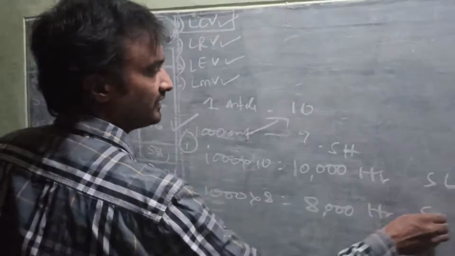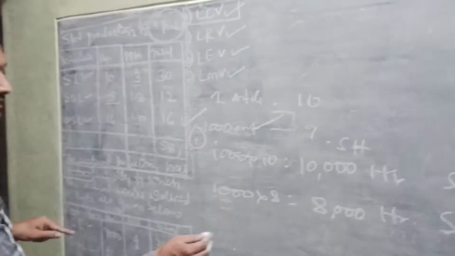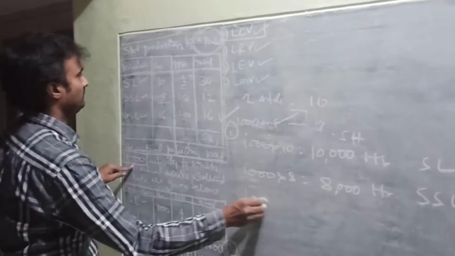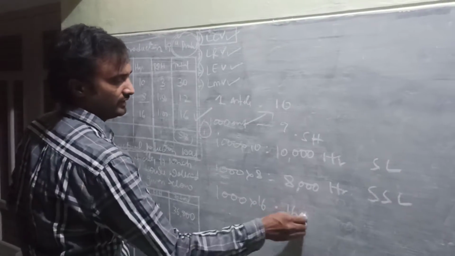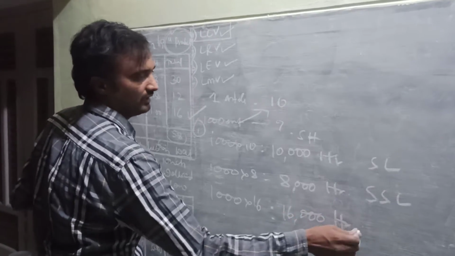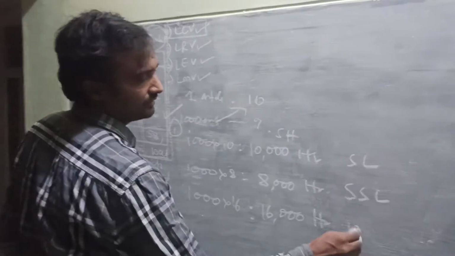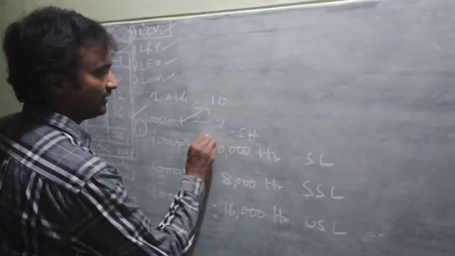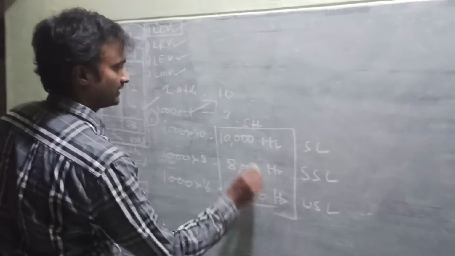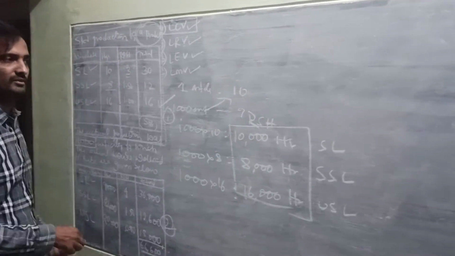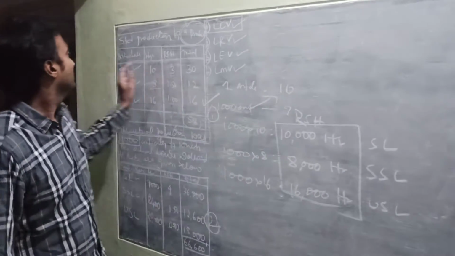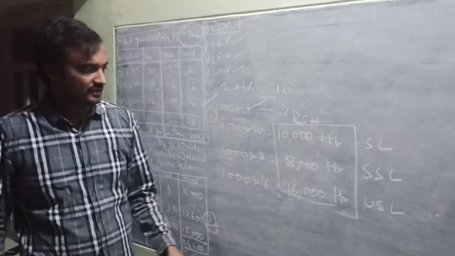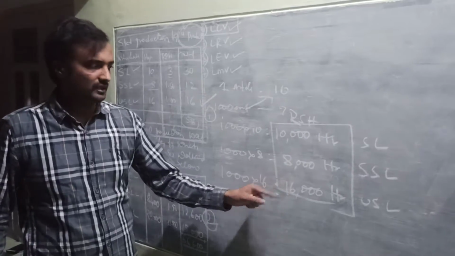Next one, again 1000 into 16, that is 16,000 hours, for unskilled laborer. So these are the various revised standard hours, called RSH. RSH means revised standard hours. That is 10,000 for skilled laborer, 8,000 for semi-skilled and 16,000 for unskilled laborers.